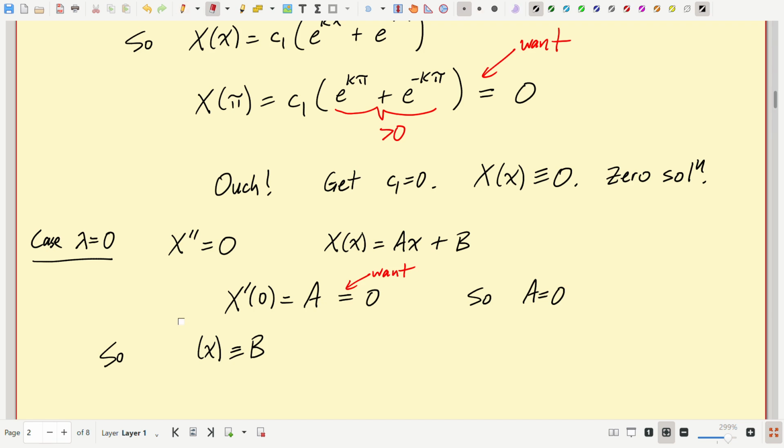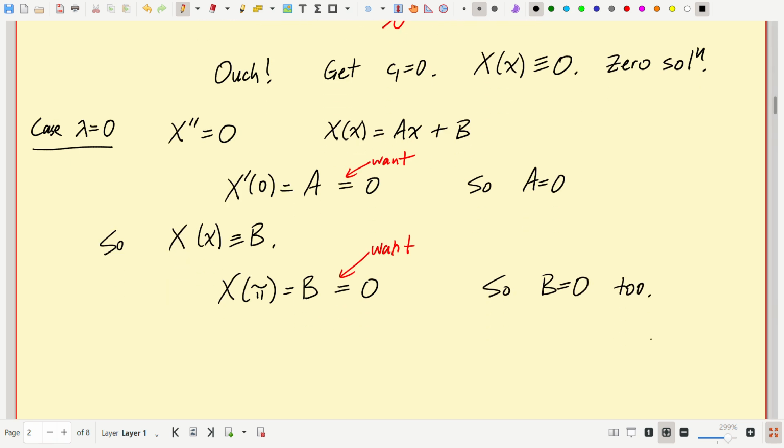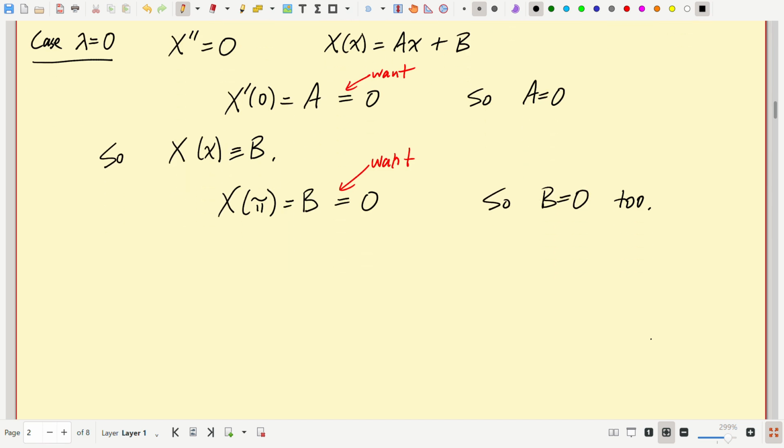And I want X of pi to be equal to 0, so b has to be 0. So I get the 0 solution again. So we struck out in this case also.